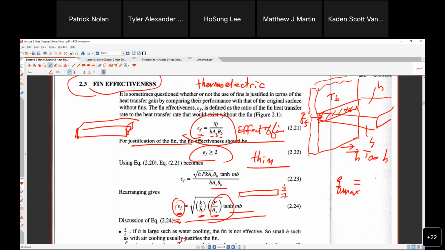Or would 1 be the highest? h is nothing we can do, and area is nothing we can do, whatever is given. This is the heat transfer area.